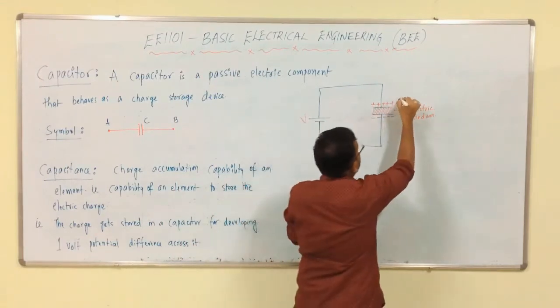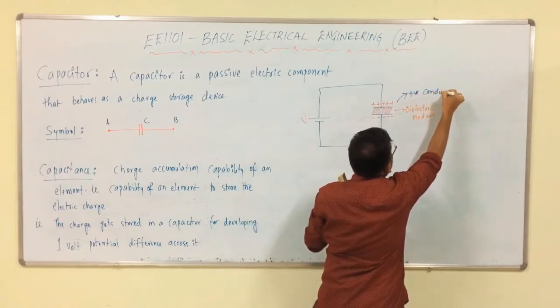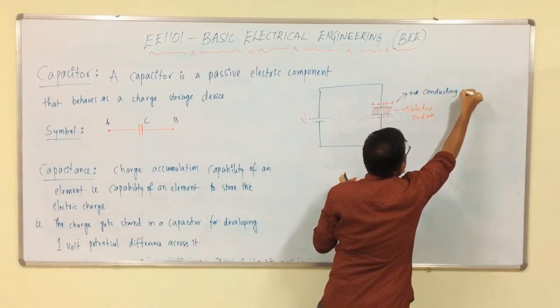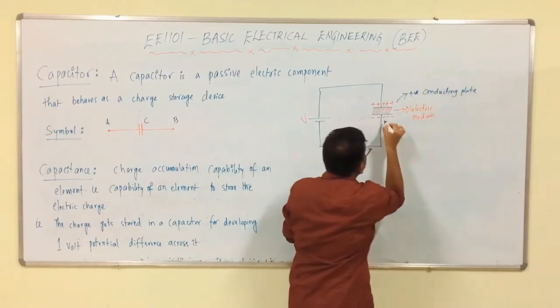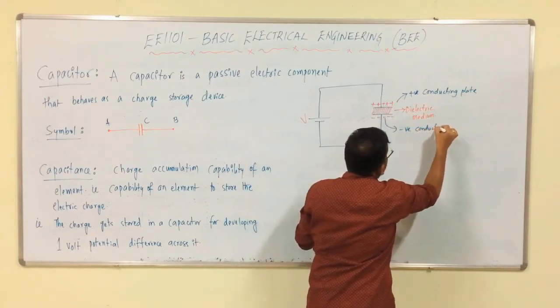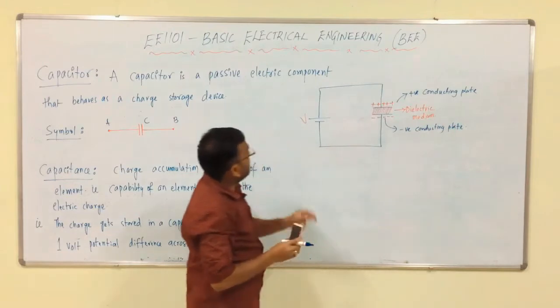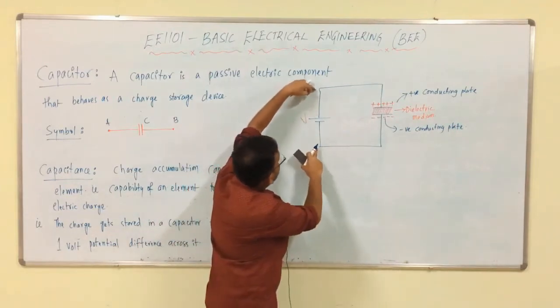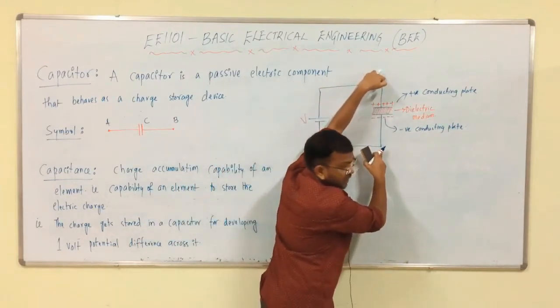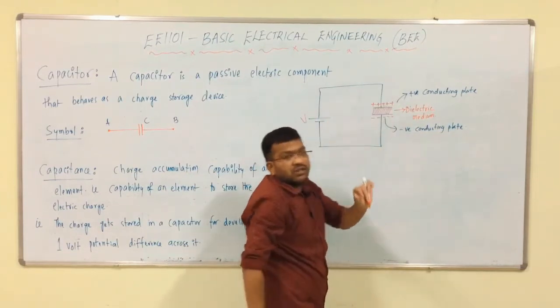So, this is the positively charged plate, and this is the negatively charged plate. When we provide a potential difference across this capacitor, obviously it has the capability to store electric charge.